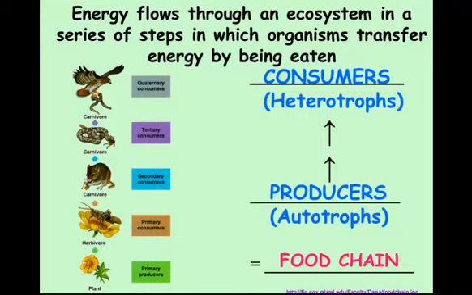And then tertiary consumers eat the secondary consumers, and quaternary, which means four, quaternary consumers eat the tertiary consumers. Sometimes they're called levels, like level 1 consumers, level 2 consumers, level 3 consumers. You should be familiar with those vocab words and what they mean and where it puts you in an ecosystem if I say you're a tertiary consumer compared to a primary consumer.